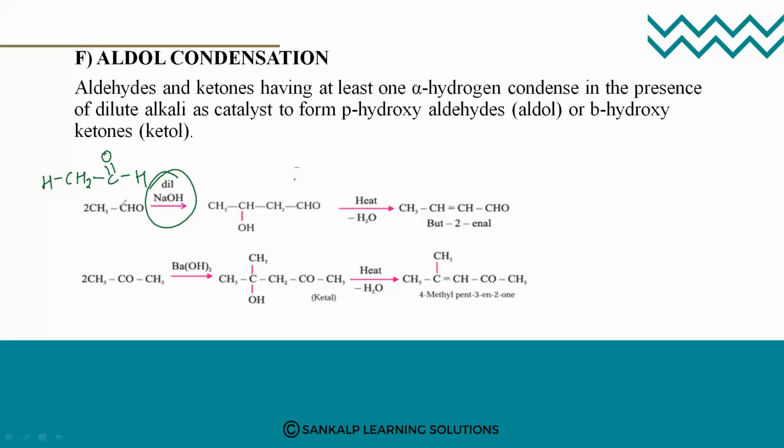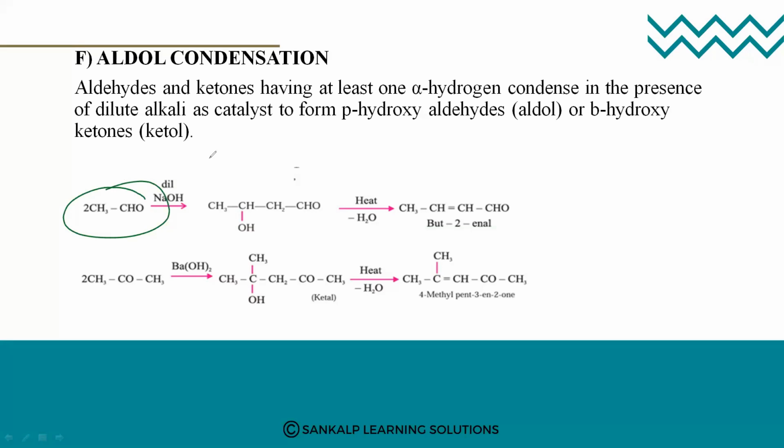So what will happen here? Aldehydes and ketones which have alpha hydrogen will undergo self condensation because there are two molecules. How do you write it? I'll show you. There are two molecules of acetaldehyde.